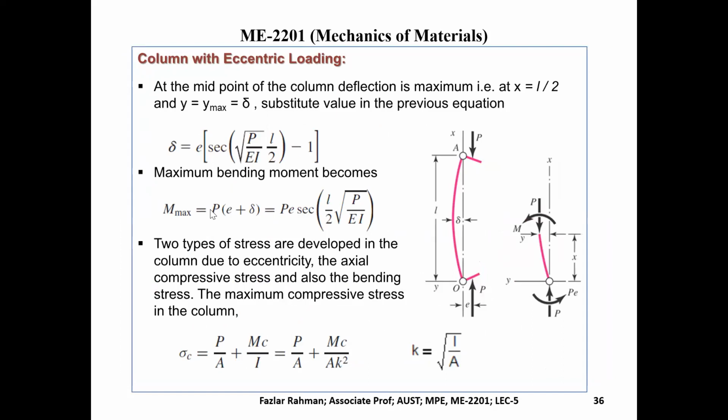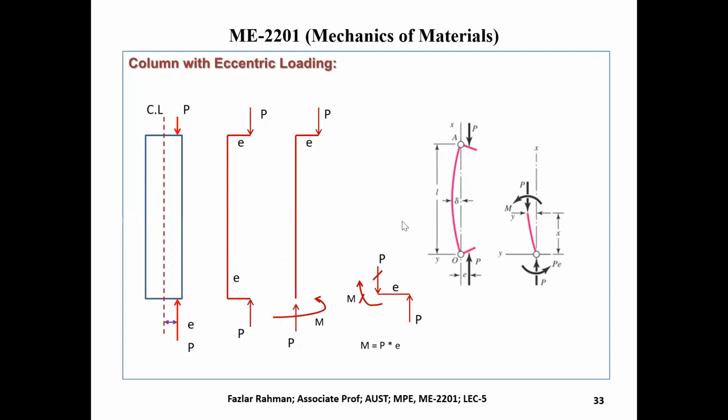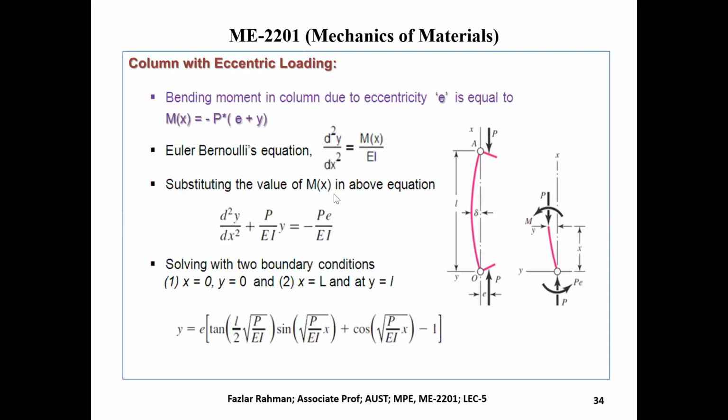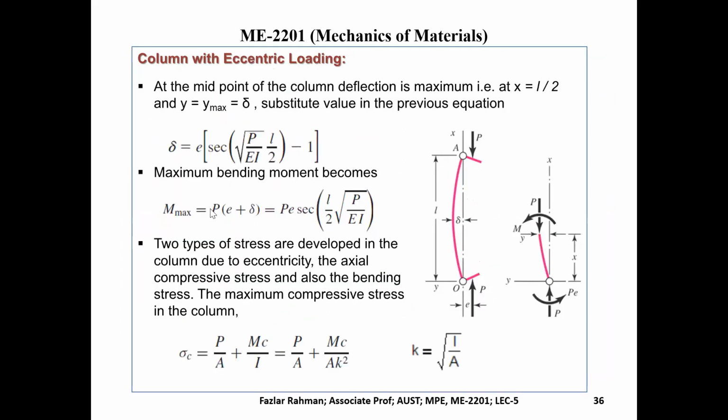This is the mistake. There will be a minus sign over here. Okay, sir, without the minus sign, because we figured out right over here that Mx equal to P into e plus y. So there will be a minus sign right over here. So let me put a minus sign over here.